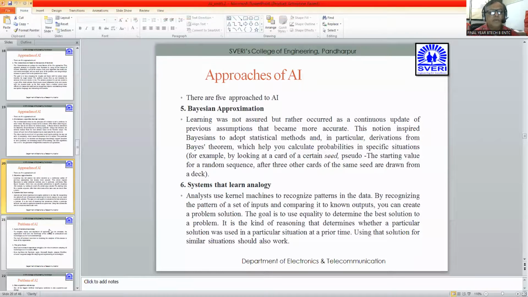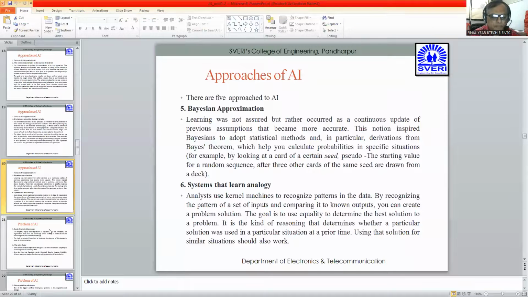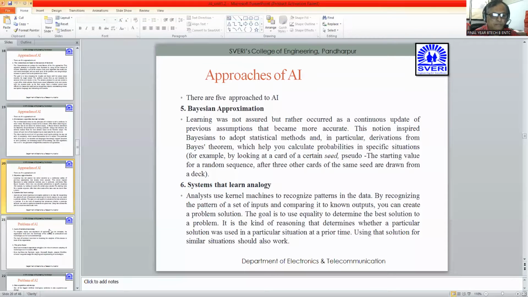So here also one of the approaches of AI is Bayesian based. So the Bayes theorem will come into the picture, and when Bayes theorem comes, the probability concept comes in. So it is a probabilistic model algorithm. We have already seen that it is one of the probabilistic algorithms, and that is nothing but the Bayesian algorithm.